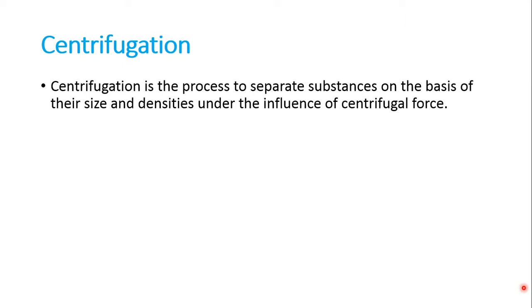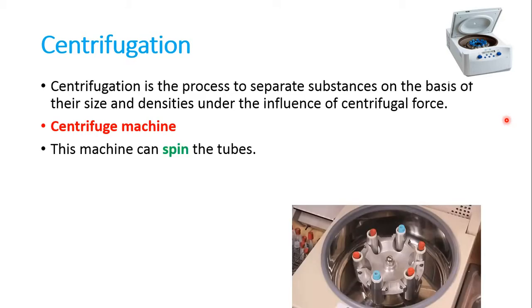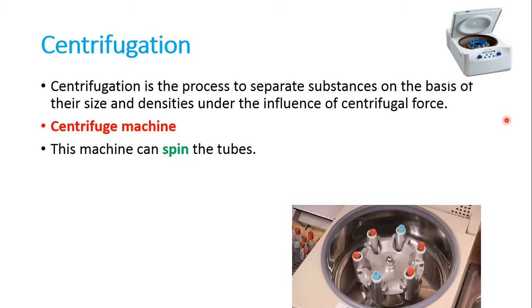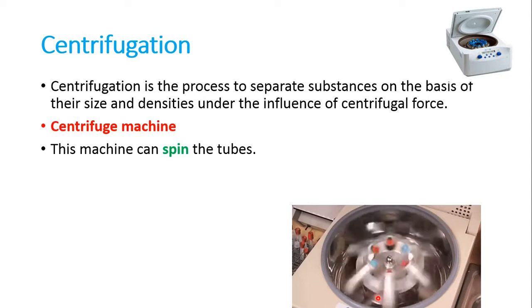Same like that, here in our scientific machine. This is the scientific machine, you can see here. We will put our homogeneous suspension in test tubes, and we will run our machine, that is the centrifugal machine.